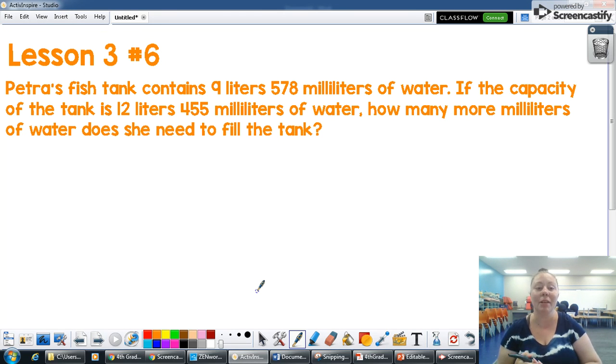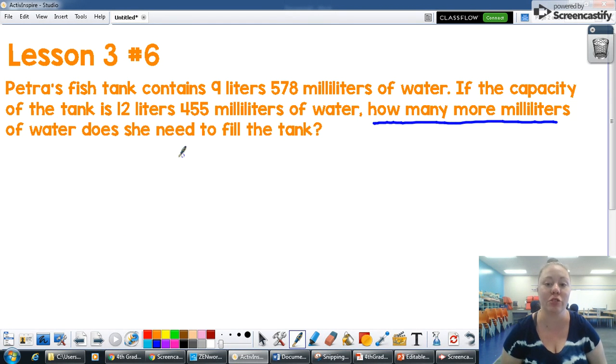Okay, and our second problem that we are going to do today is number 6. It says Petra's fish tank contains 9 liters, 578 milliliters of water. If the capacity of the tank is 12 liters, 455 milliliters of water, how many more milliliters of water does she need to fill the tank? So this question right here, it already tells me how many more. So if I'm starting with my read, draw, write, I read the problem. I've underlined some important information.